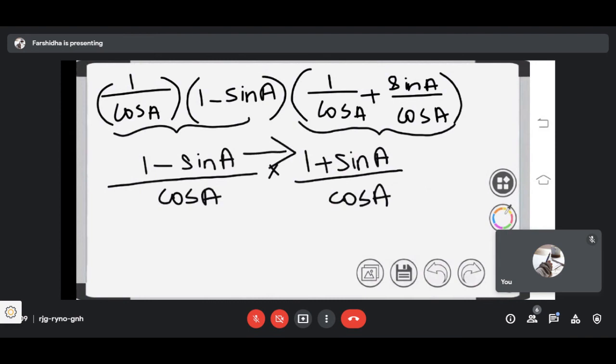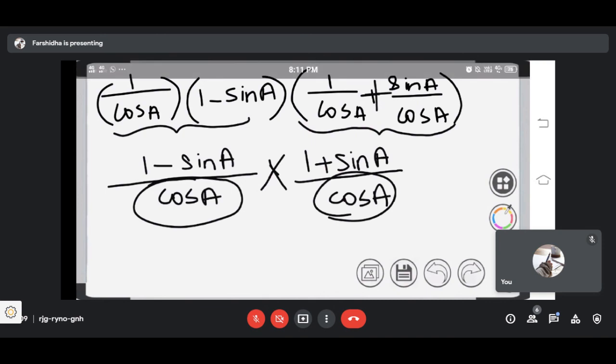I need to multiply numerator with numerator, denominator with denominator. Here, since the denominators are the same, I can't write it together as before, because here the sign is multiplication. Earlier it was addition, so I could write it together over cos A. This is multiplication, so you need to multiply denominator with denominator and numerator with numerator.